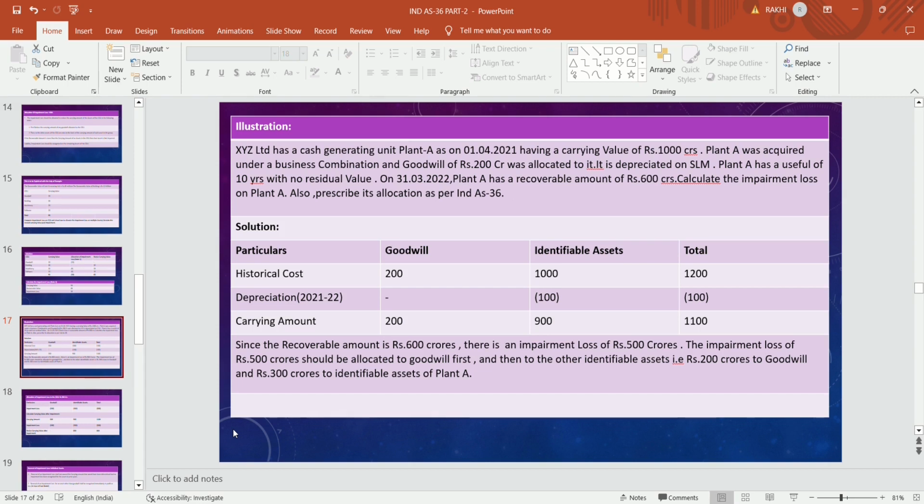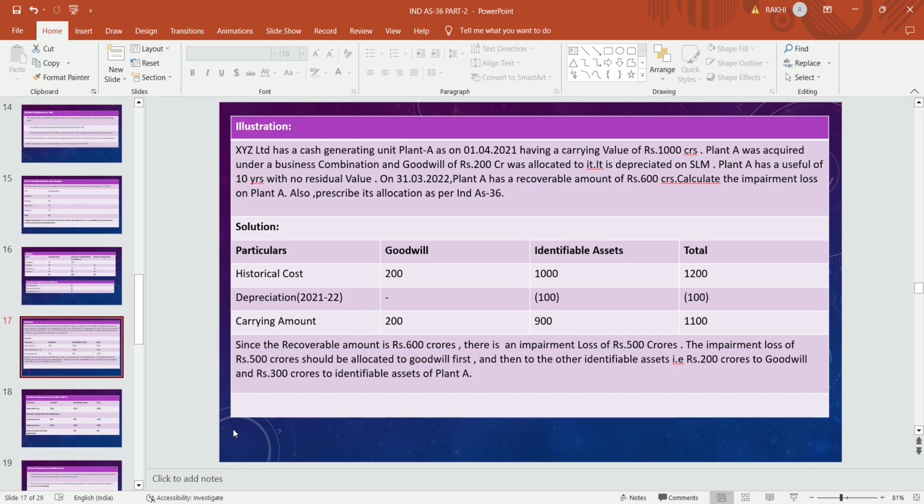So 1100 is the total carrying amount of CGU, and the recoverable amount of CGU is 600 crores. So recoverable amount is less than the carrying amount, so there is a 500 crores impairment loss.